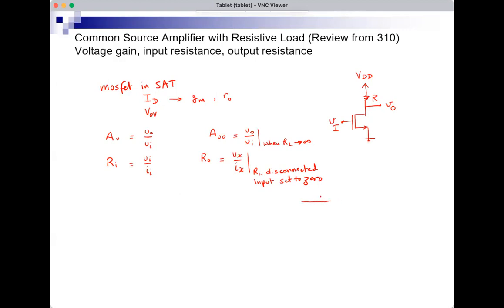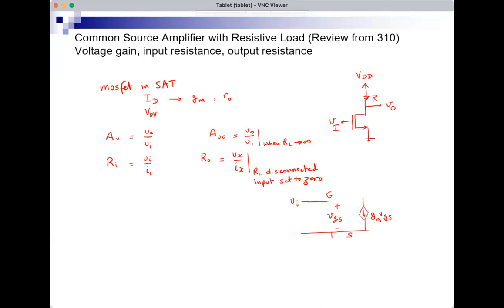So this is the input, VI, and now I have signal quantities, so small letters. This is ground. This is VGS. This is the gate of the MOSFET here. So that's the input at the gate. And then the MOSFET small signal model, GM VGS. The source is grounded. So GM VGS.